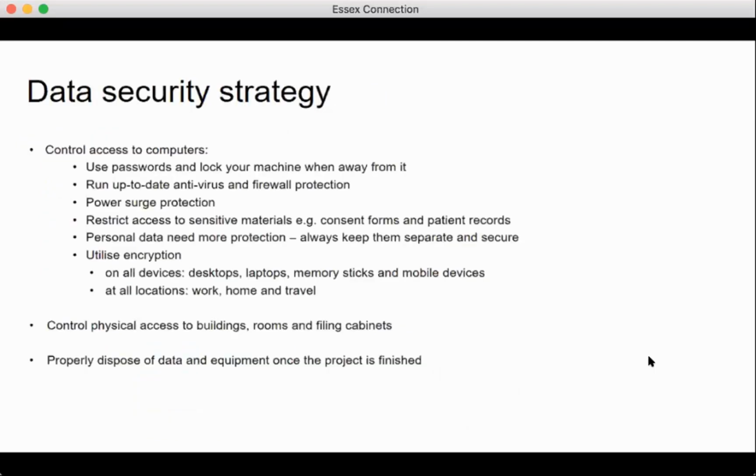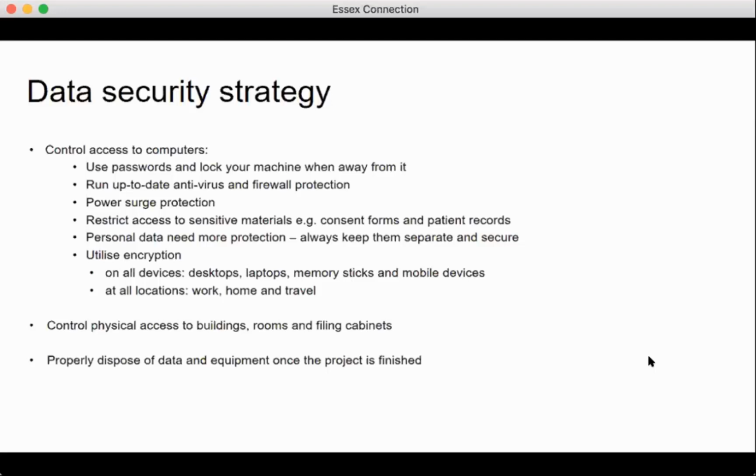So what are the possible solutions? And how do we go about adopting a data security strategy? So some of this information is perhaps very basic, but it is essential to avoid the issues we spoke about on the previous slide.